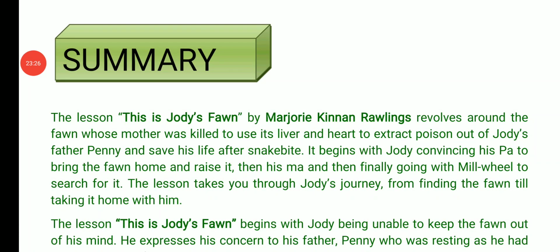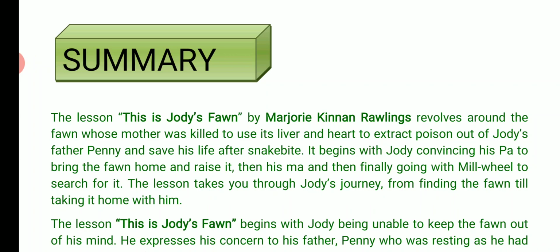So here is your summary of the lesson. The lesson, Jody's Fawn by Marjorie Kinnan Rawlings, revolves around the fawn whose mother was killed to use its liver and heart to extract poison out of Jody's father Penny and save his life after a snake bite.